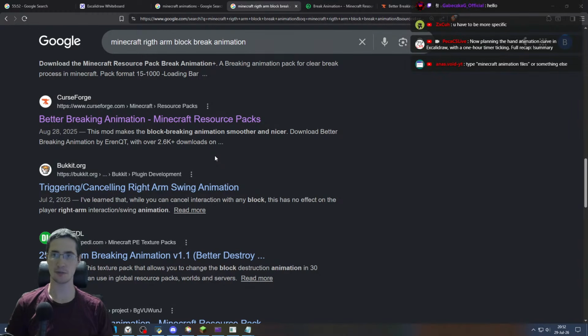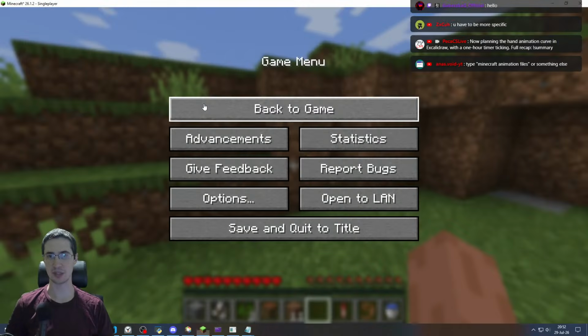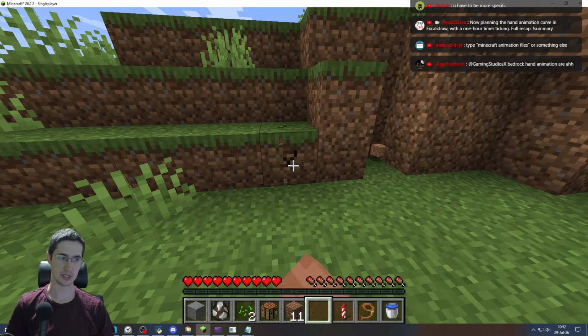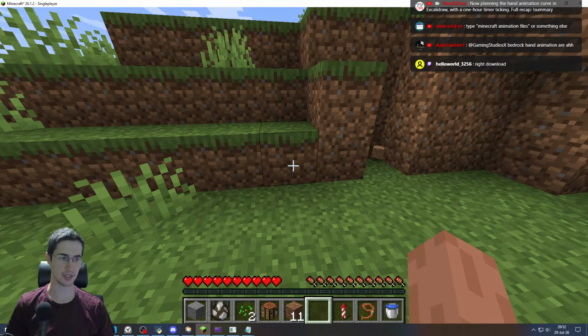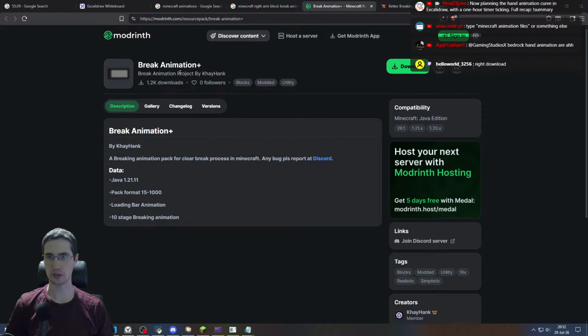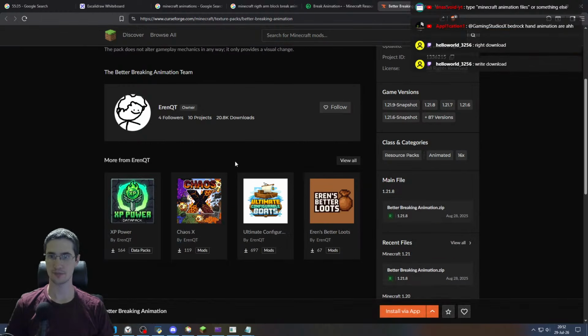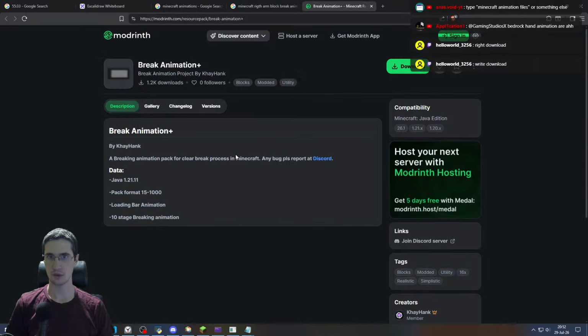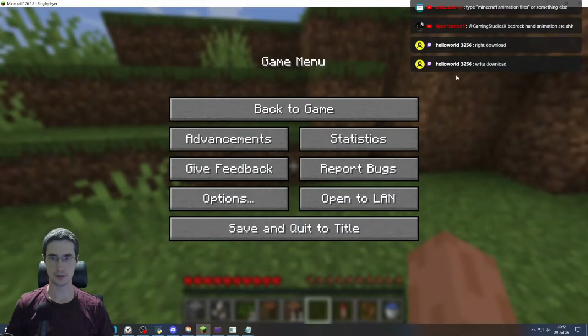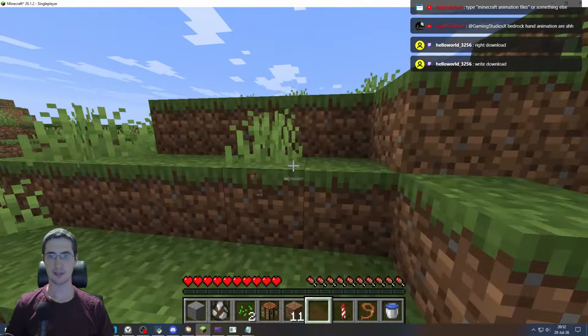The reason I'm first searching on Google is because otherwise we'll have to do it manually and just guess how the right arm animation should look like. And it will be a lot easier if we can download it from somewhere. It's fine if we don't find it. It's fine, chat.